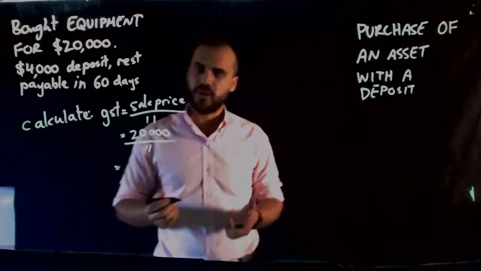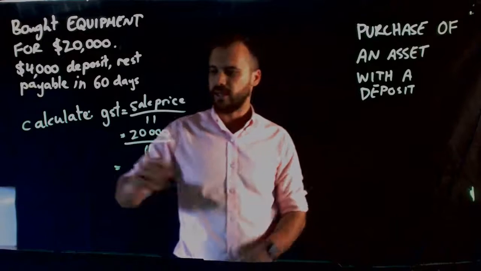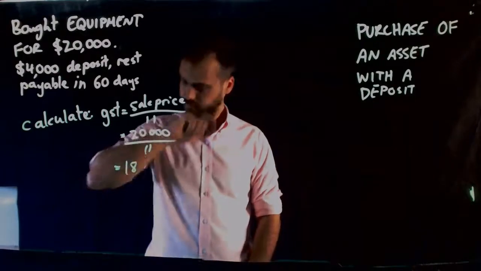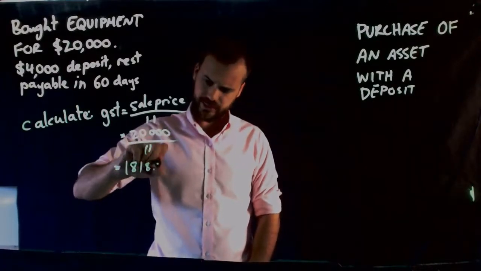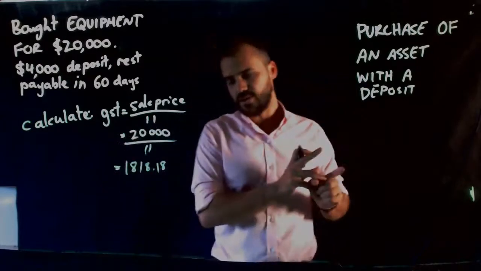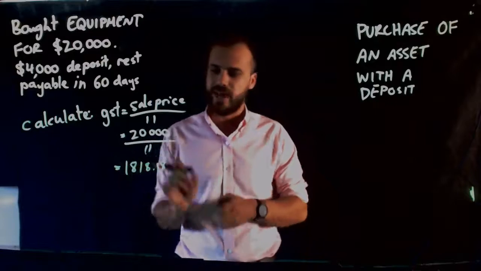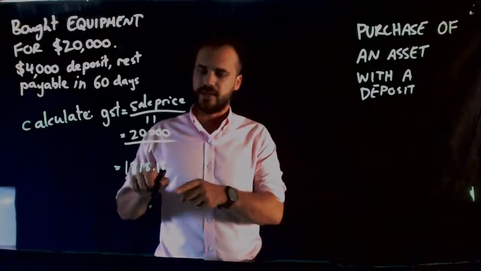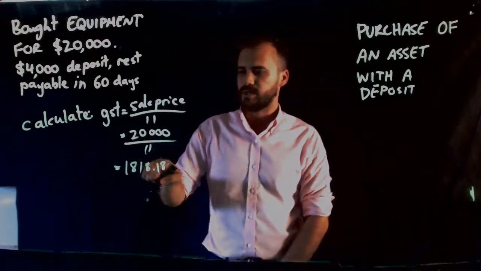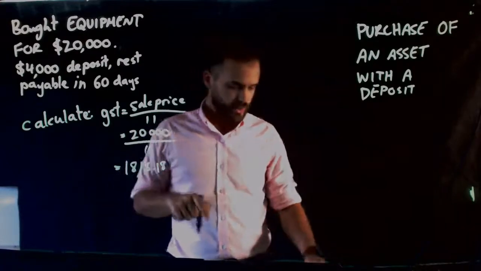This is not going to work out neatly. I've already done it on my calculator. It comes to $1,818.18, and it continues on forever. So we're going to round it to $1,818.18 in GST payable.